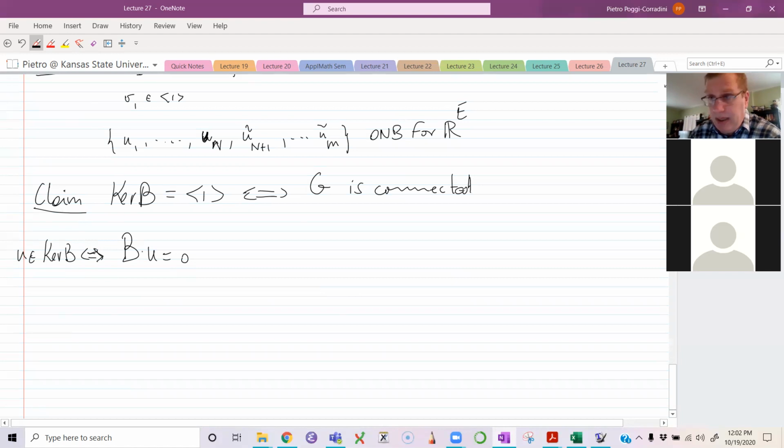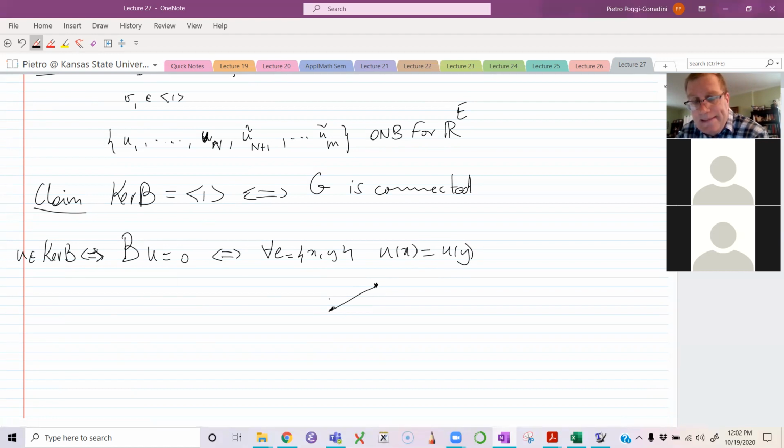But B is the gradient function. So this means that on every edge, you have U(X) minus U(Y) equals 0. So U(X) should equal U(Y). Right? So on every edge, you look at the endpoints and the function hasn't changed.